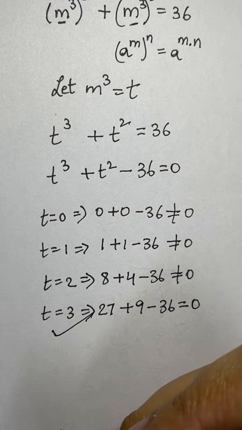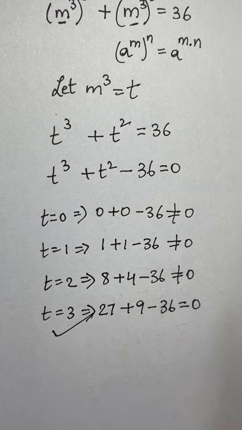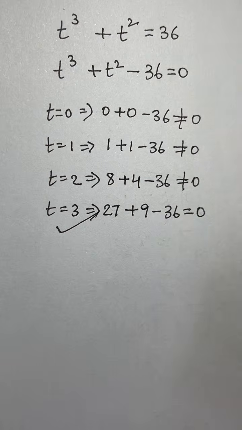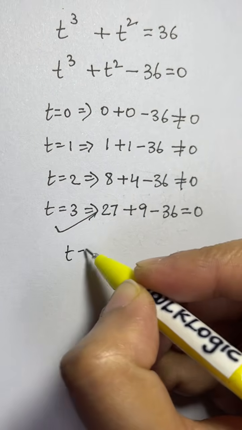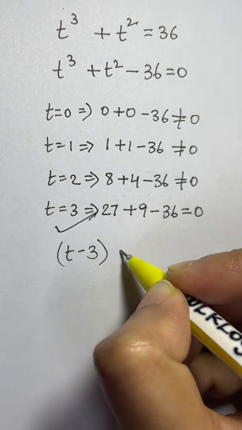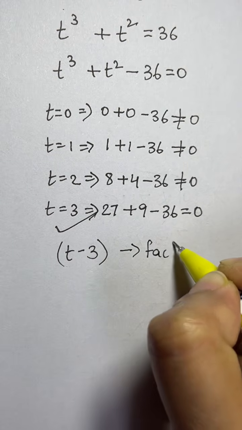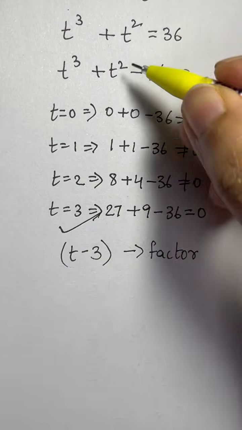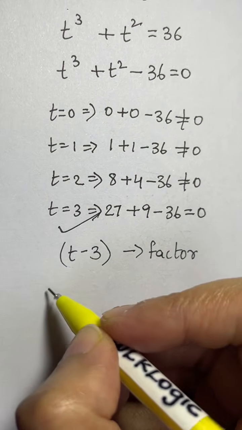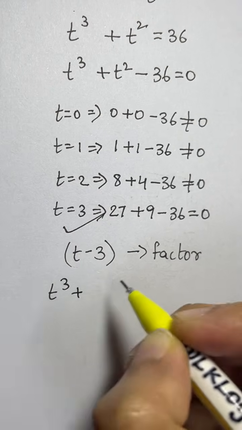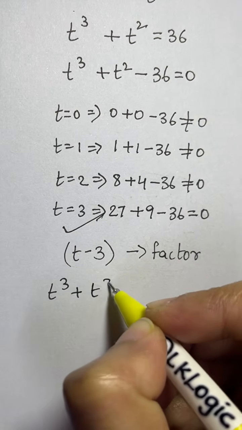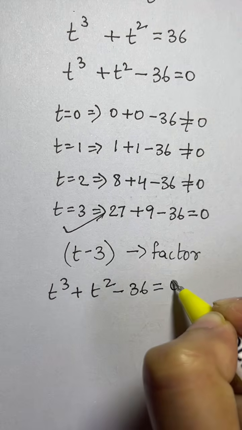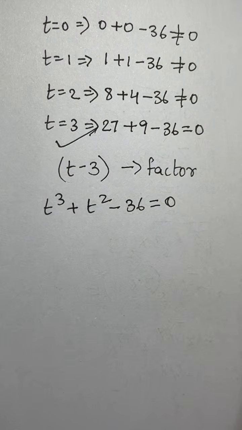So we have got one factor. T is equal to 3. Now let's say that t minus 3 is one factor. Alright, so what is our equation? Let's write it back. We have t cube plus t square minus 36 equals 0.